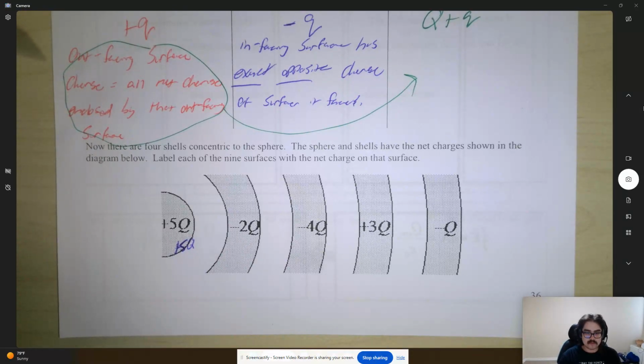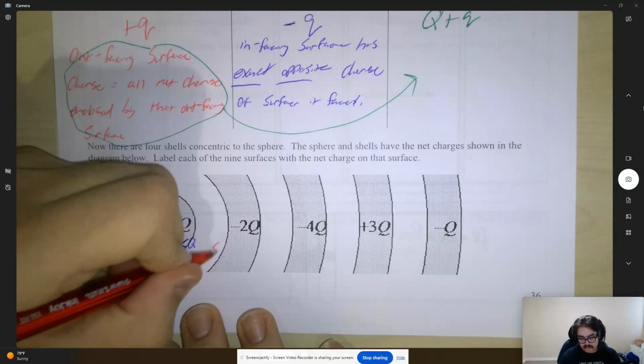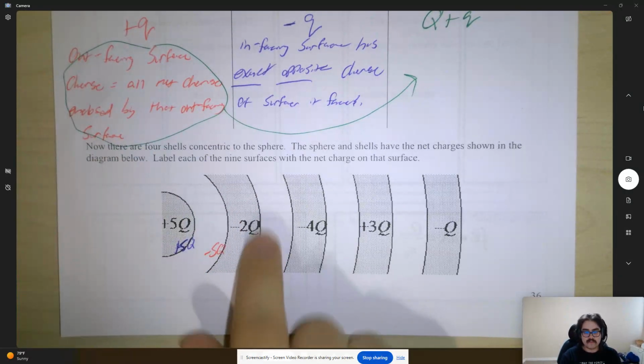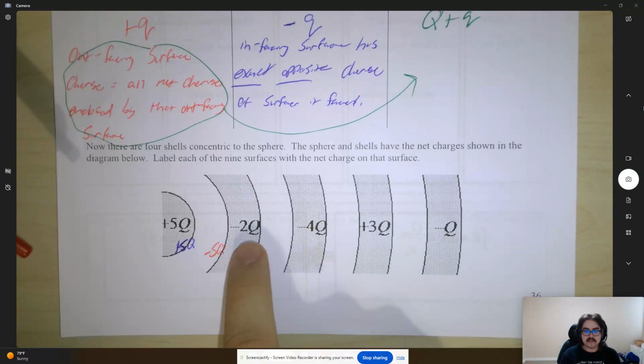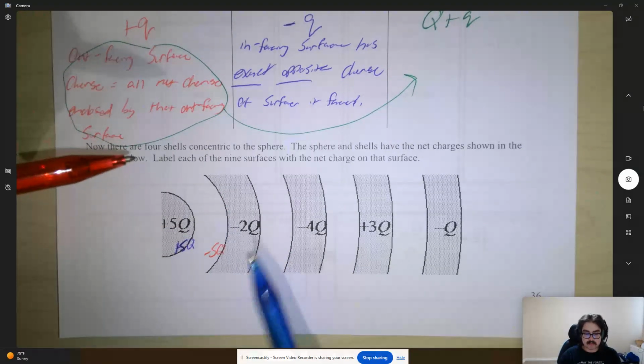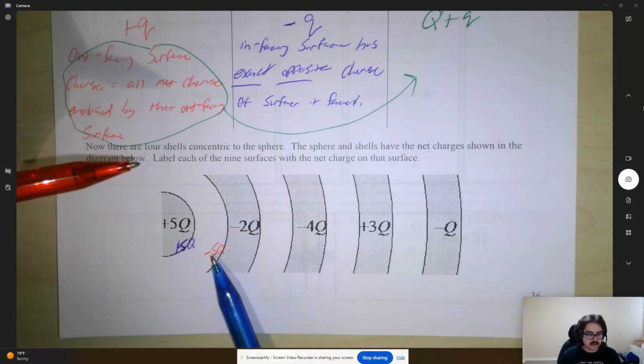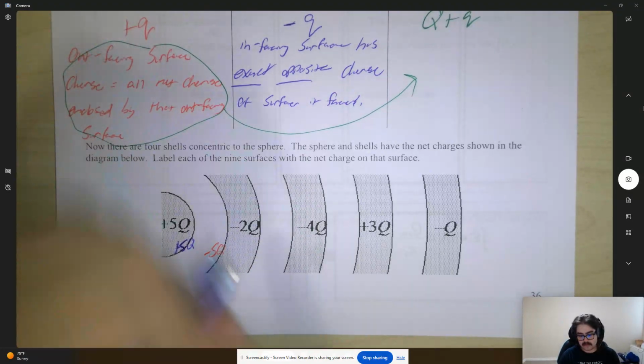And then as we move to the next shell, on the inner surface it needs to have the exact opposite, so it's going to have negative 5q. In order for this to be true, the outfacing surface needs to be the net charge enclosed by that surface, so we would need this to be equal to positive 3q.